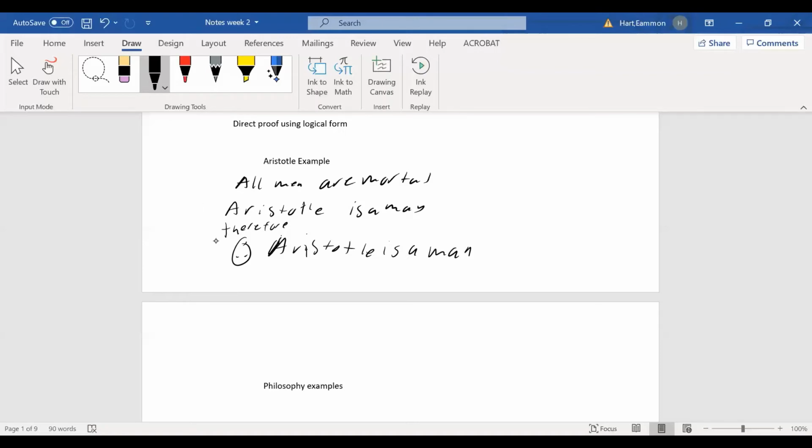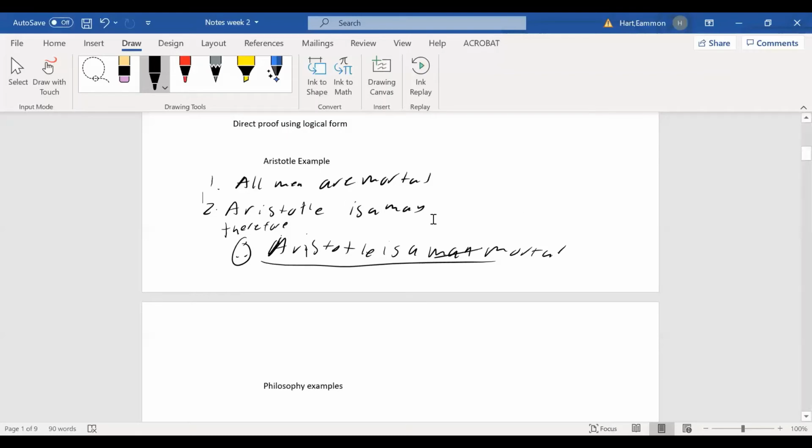This is short enough that we can basically just break it into premises, and we can see that Aristotle's mortal clearly follows from the other two.